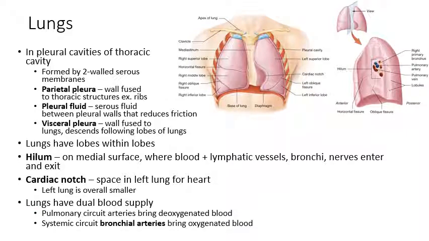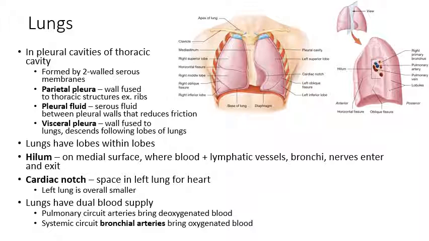The outer wall is always called the parietal wall. The inner wall is always called the visceral wall. So for the lungs, the parietal pleura is the wall of that serous membrane that would be touching all the thoracic cage structures and fused to those structures. Then the visceral pleura is the side that's touching the lungs themselves, and it's fused to the surface of the lungs.